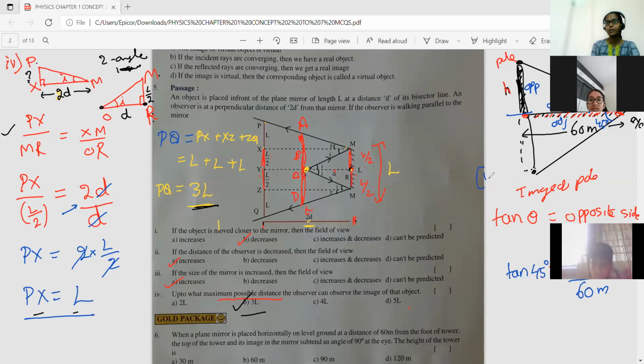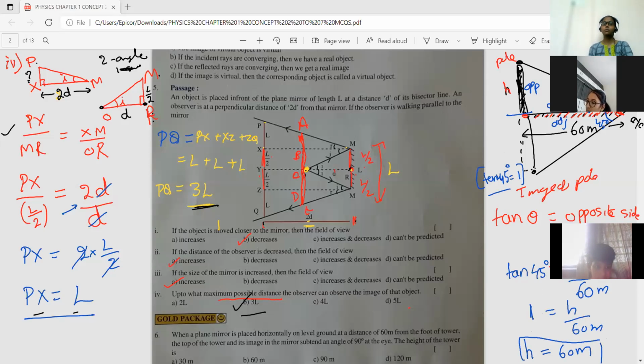If not, just remember tan 45 degrees, the value is 1. This is a standard value. So 1 equals h by 60 meters, and we need to calculate h. Cross multiply: 60 into 1 gives 60 meters. So the height is 60 meters. Hope this is clear.